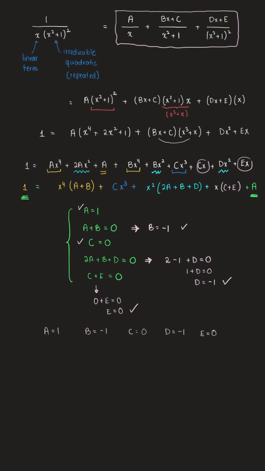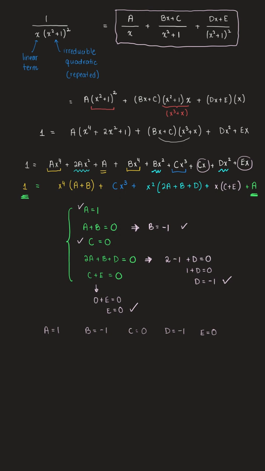Okay, so we'll have integral a over x, that's just 1 over x dx, since a is 1, our first value, plus integral bx plus c, well, that's going to be a -x, since b is -1 and c is 0, so -x over x squared plus 1. There's our second integral.